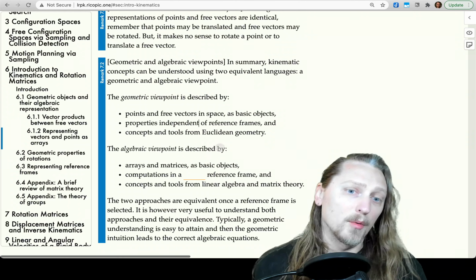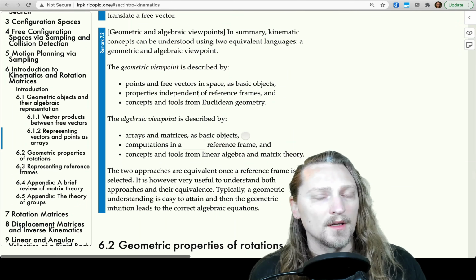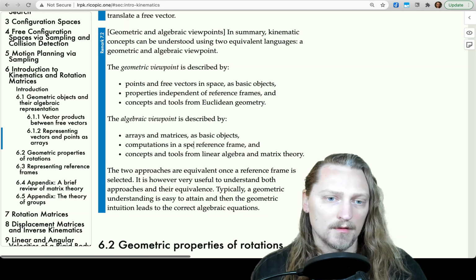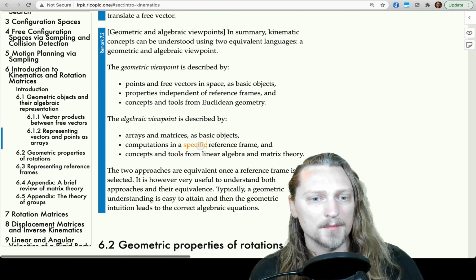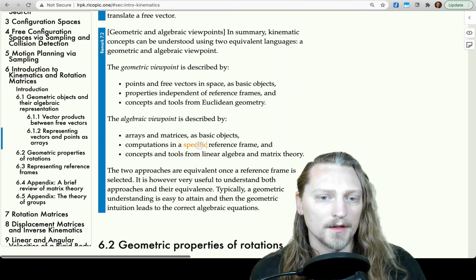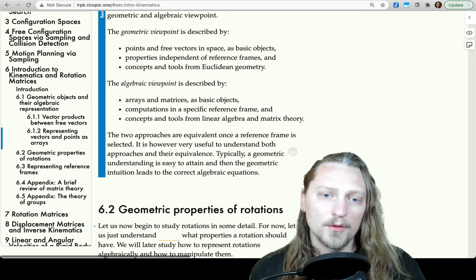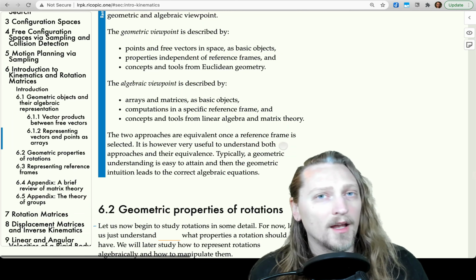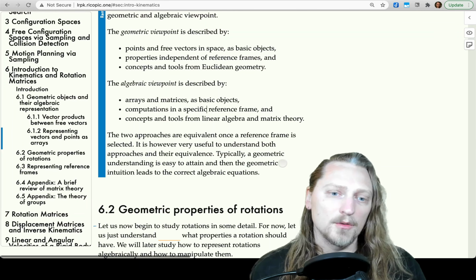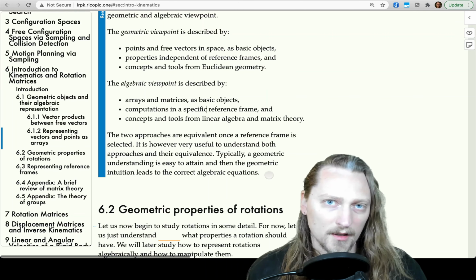The algebraic viewpoint is described by arrays and matrices as basic objects, computations in a specific reference frame, and concepts and tools from linear algebra and matrix theory. The two approaches are equivalent once a reference frame is selected. It is, however, very useful to understand both approaches and their equivalents. Typically, a geometric understanding is easy to attain, and then the geometric intuition leads to the correct algebraic equations.